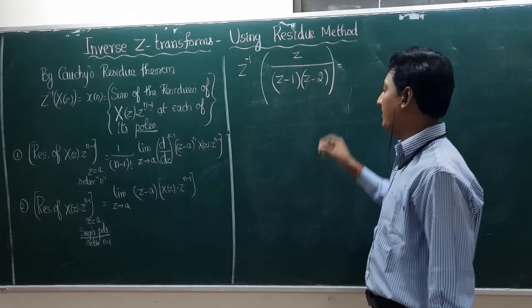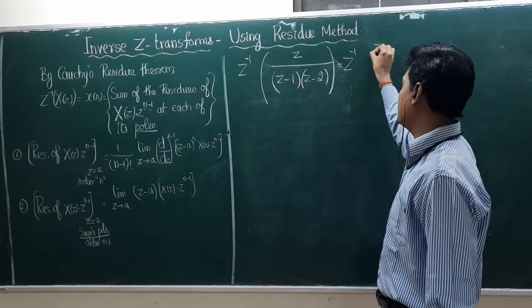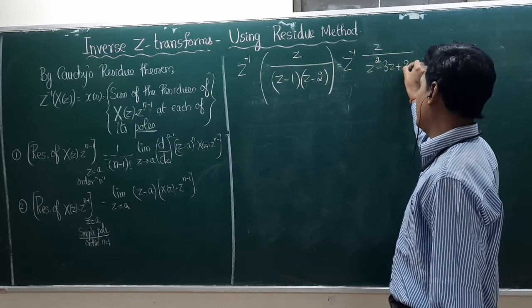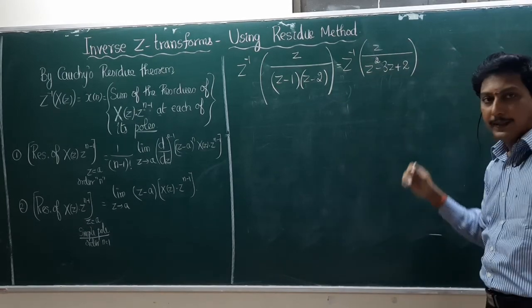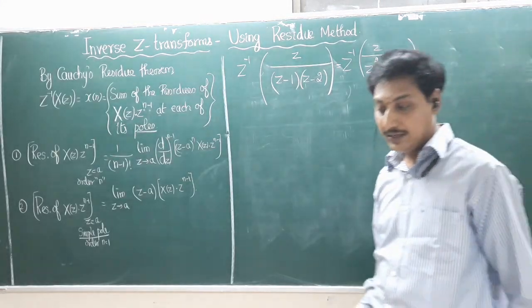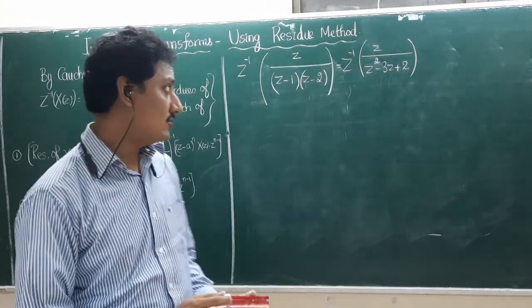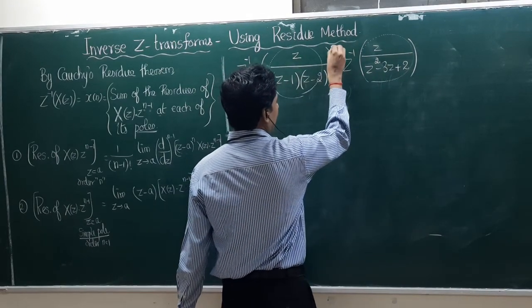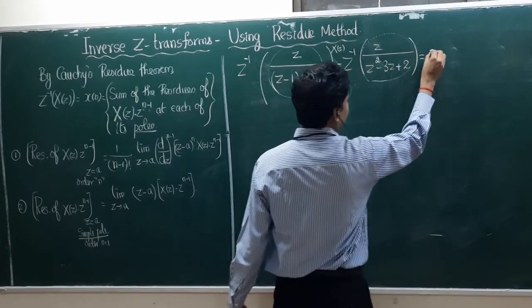Suppose the question is given like this: find the Z inverse of z by z squared minus 3z plus 2. If it is given like this, we can split it into 2 linear factors. Now my first idea is, this is my X of z. When I take the Z inverse, I need to get the x of n.